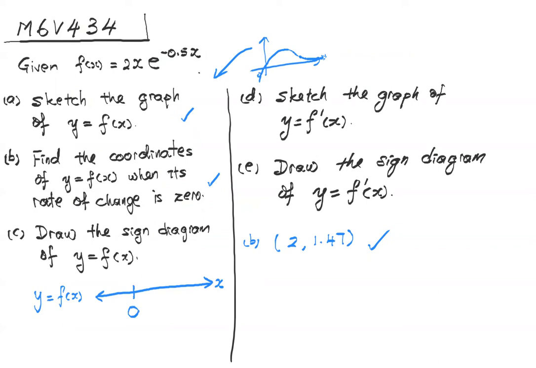So now, what sign should I put for x less than 0? Negative. Why? Because the graph is below the x-axis. Then what sign must I put for x greater than 0? Positive. So next time, if I give you a sign diagram without the graph, without the function, do you know how to interpret the negative and positive?